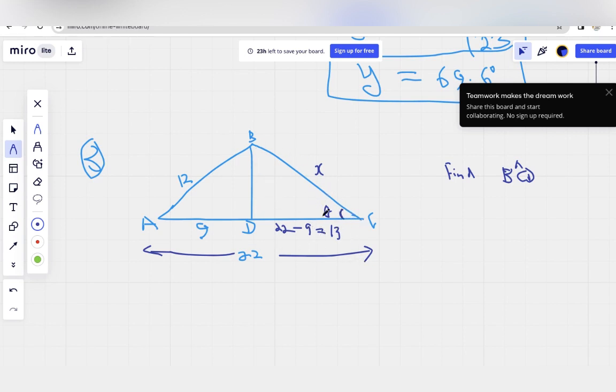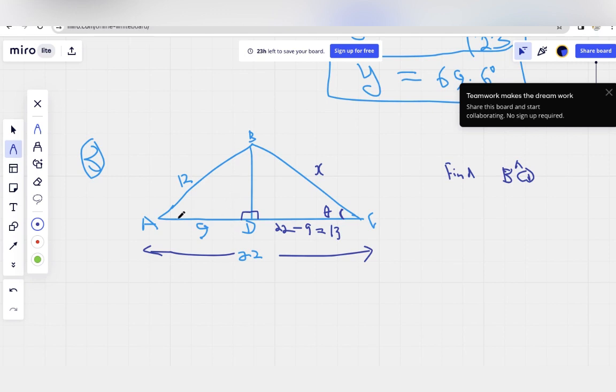To find this angle, we have to find here and here, so we can apply any of the trigonometrical ratios. We have two right angle triangles joined together, next to each other.